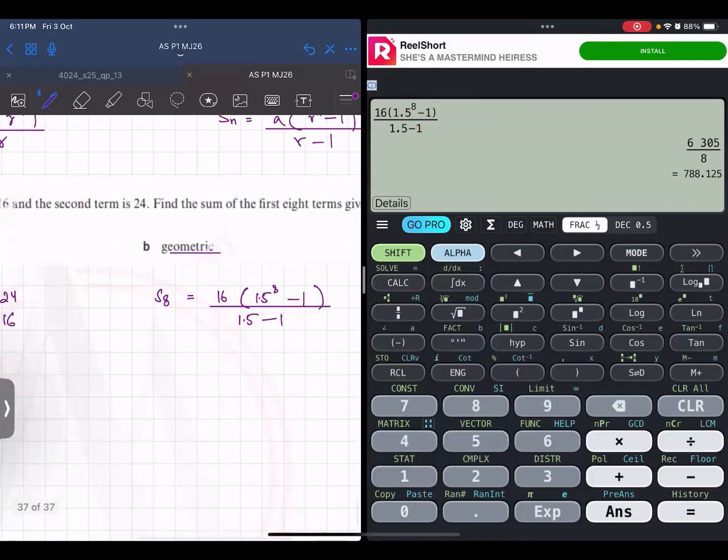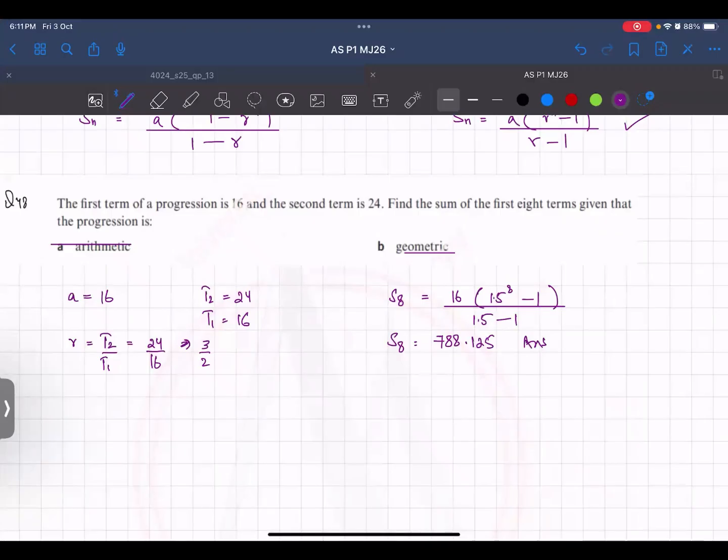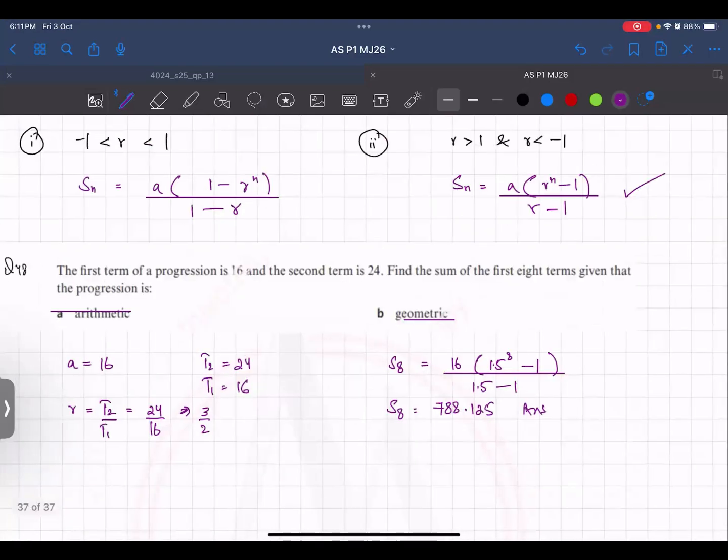The answer is 788.125. This is the sum of the first 8 terms. That's it. You found the value of a, you found the value of r, you had the formula, you replaced the values in their places, and you got the answer.